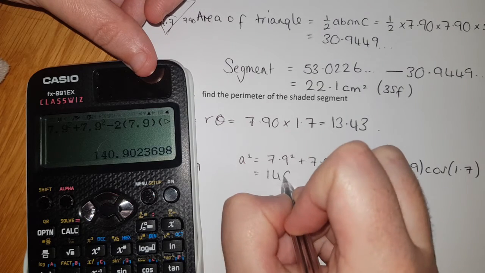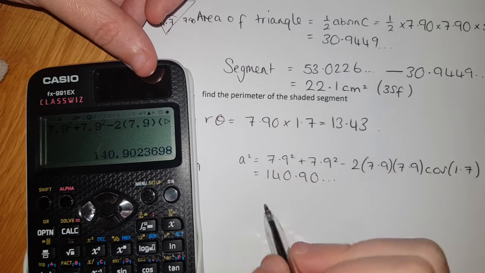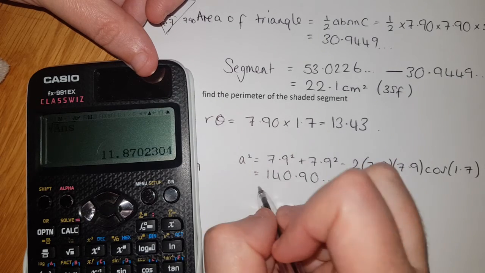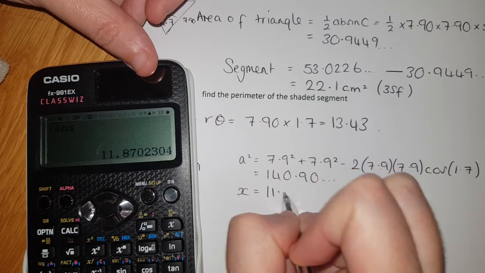Okay, that works out as 140.90, and so on. We're going to square root that to give us that the side length we're looking for is 11.87.